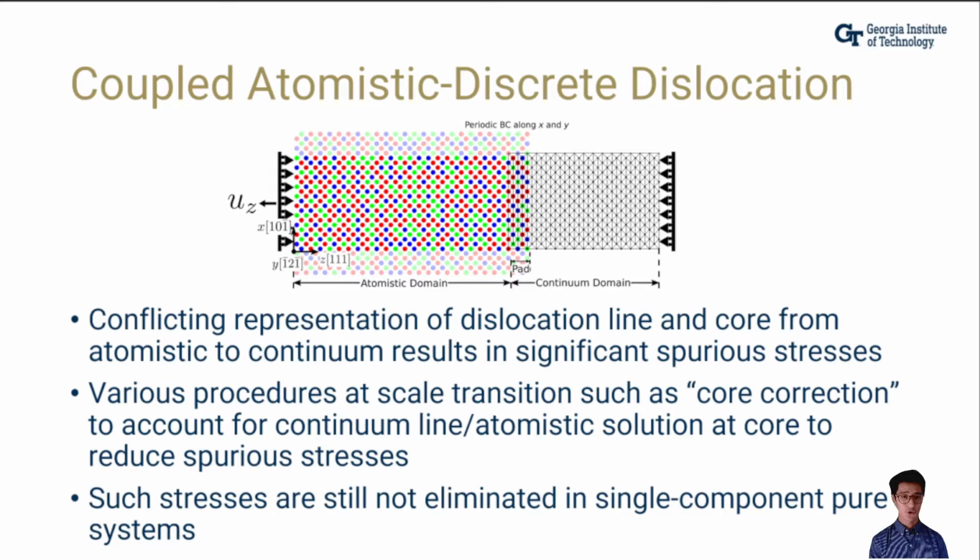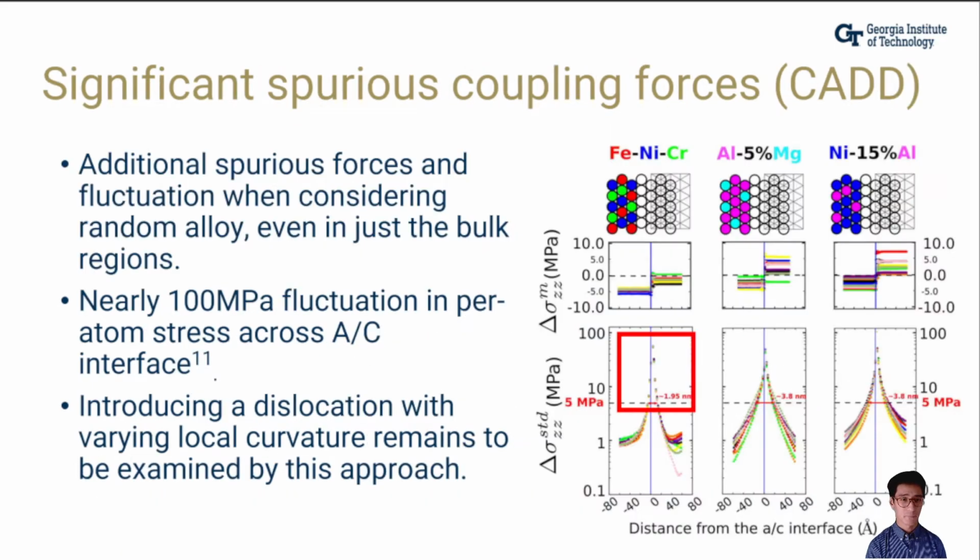In the CAD approach, a coupling pad region where atoms and finite element nodes overlap is employed to bridge discrete to continuum representations. Various procedures are required to resolve the difference in dislocation representation, atomistic to continuum, and significant spurious stresses develop from this coupling. Even in single component pure systems, these stresses exist.